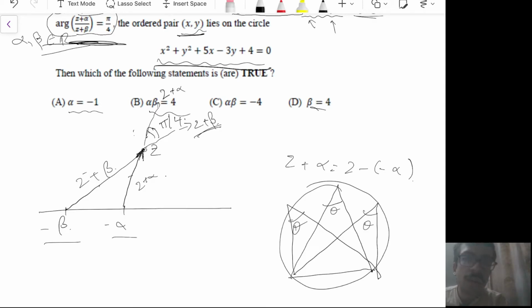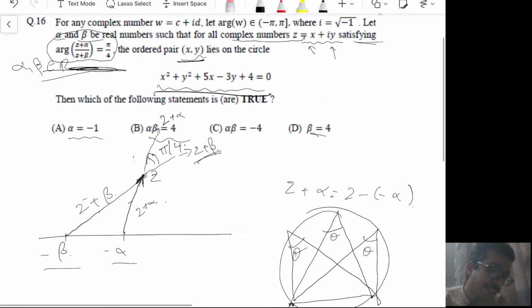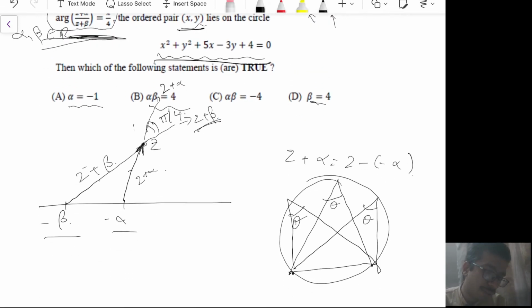Here also we are given that such a condition is met, and the locus of points which satisfy this condition is essentially a circular arc. So this is the circular arc which satisfies this sort of condition, of which the chord is minus alpha to minus beta, and this angle is pi by 4.